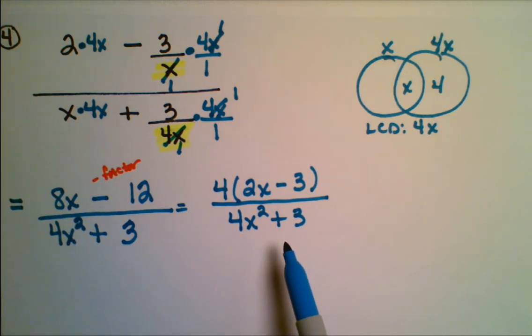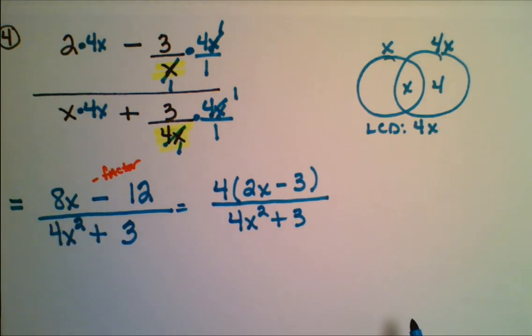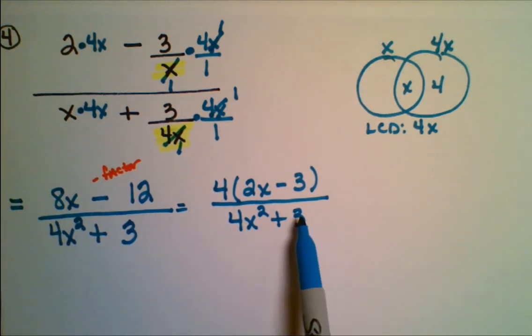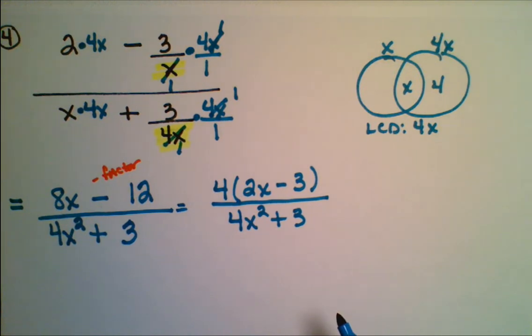If we need to use the difference of two squares, or if it's a perfect square trinomial, we need to make sure our answer is left in factored form. And we have a solution that's in factored form: 4 times 2x minus 3 all over 4x squared plus 3.